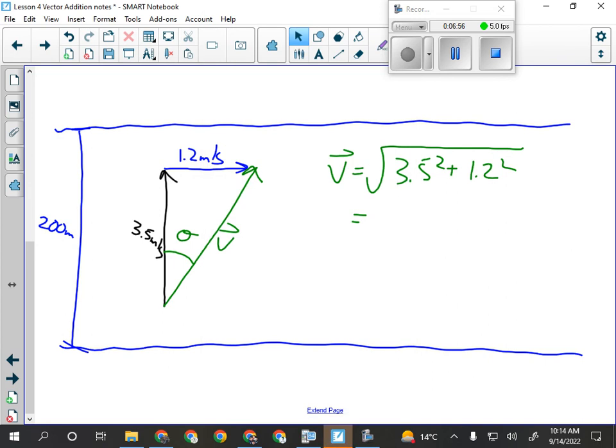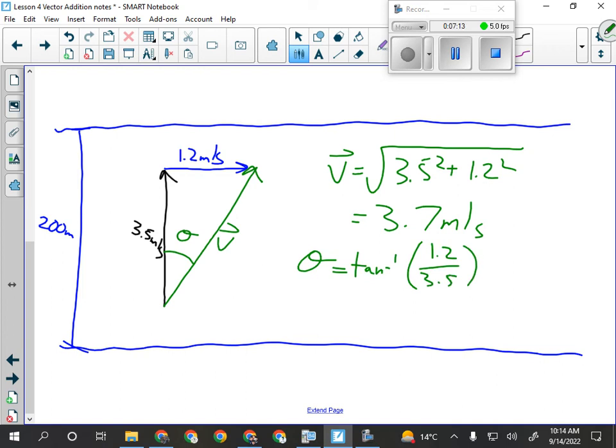So my resultant velocity's magnitude is 3.7 meters per second. The direction, I'm going to go opposite over adjacent, so that'll be 1.2 over 3.5.